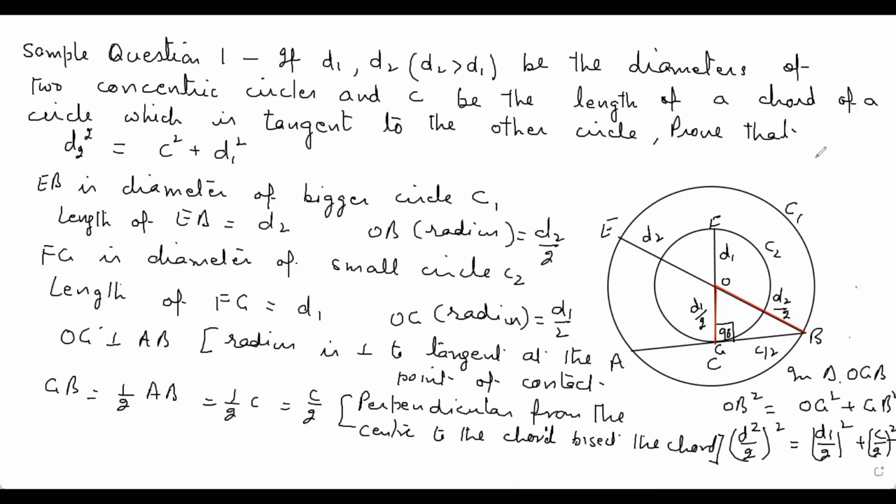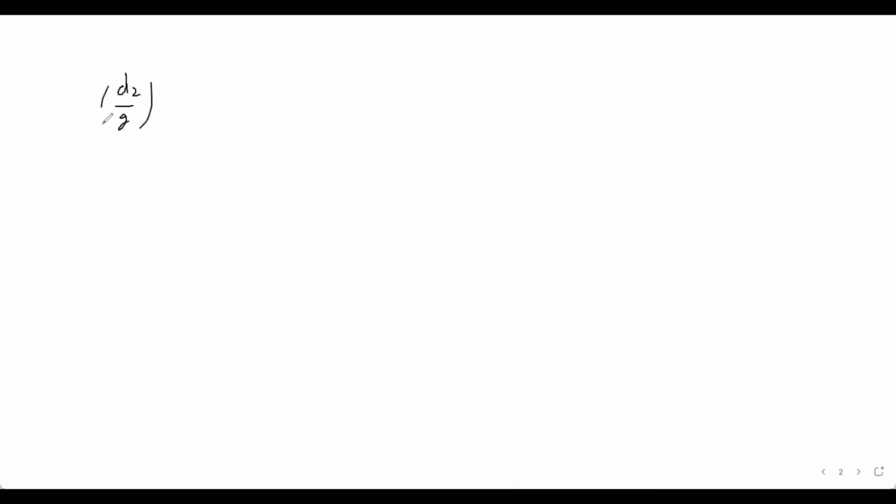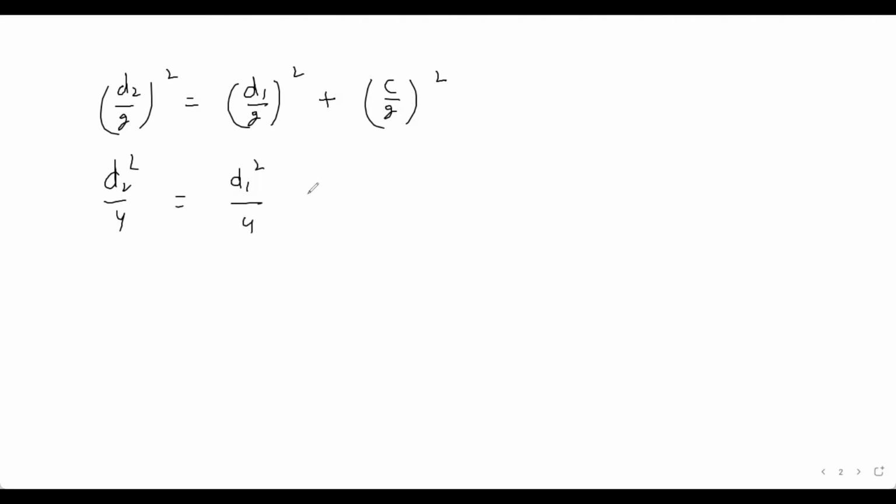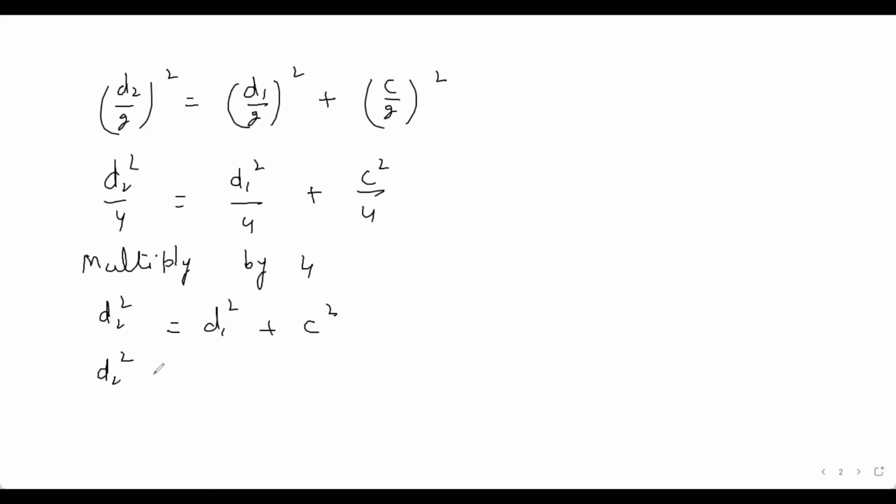It means D2 by 2 whole square is equal to D1 by 2 whole square plus C by 2 whole square. So I have D2 square by 4 is equal to D1 square by 4 plus C square by 4. Multiply by 4. I have D2 square is equal to D1 square plus C square. This is the result which I want.